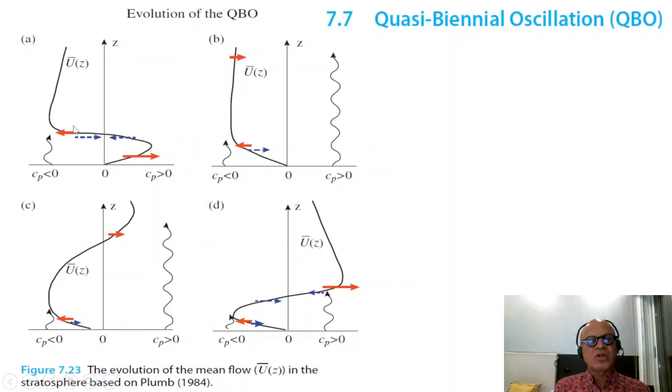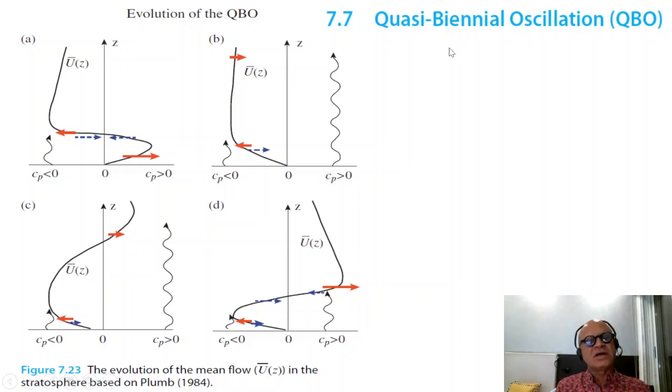So we talked about how m changes and group velocity changes in these cases. Quasi-biennial oscillation is basically something where the signal is propagating down from the stratosphere. It's got a clear phasing which can be easily observed over this 2-year time scale.